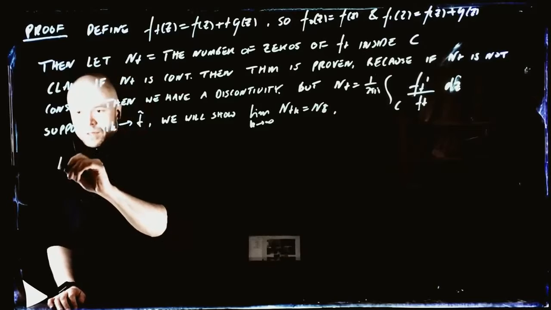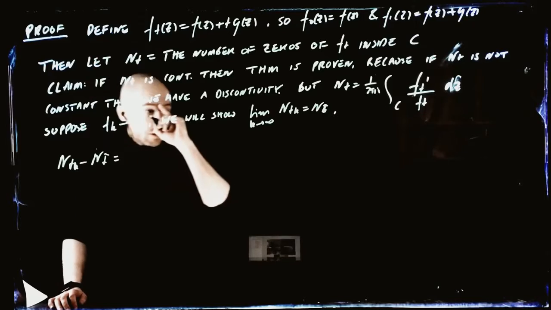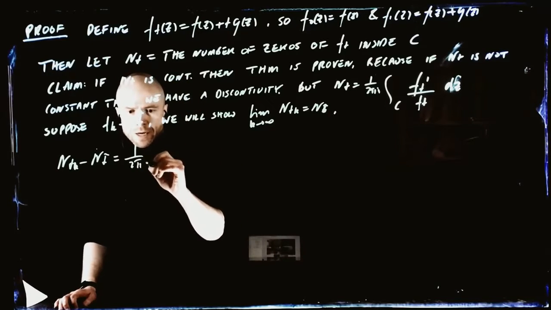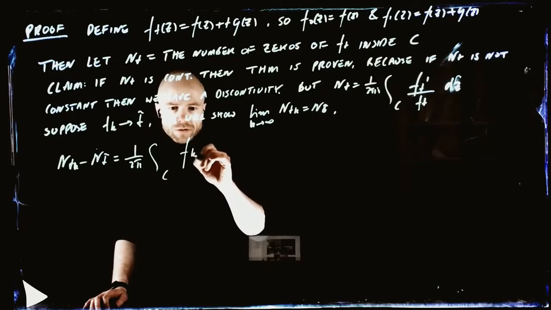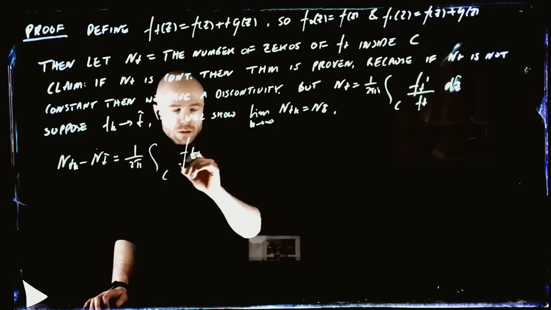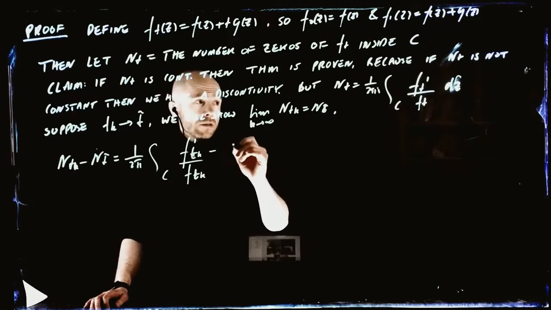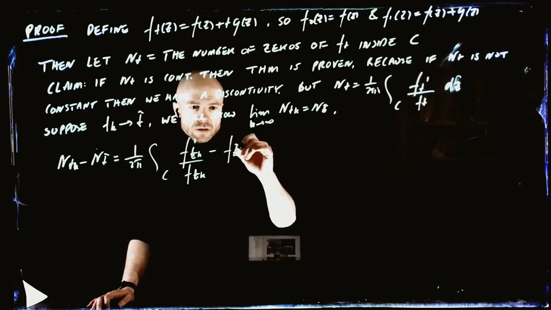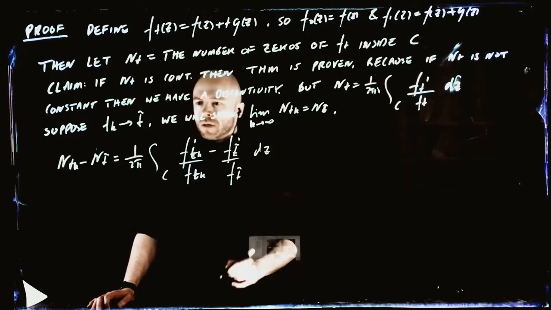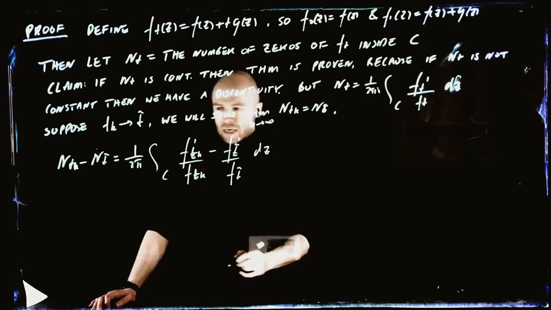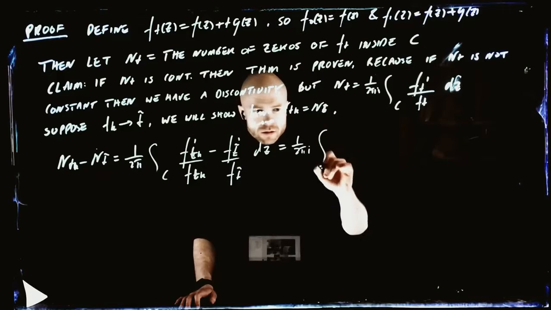So look at this. n of t_k minus n of t tilde, what is it? It is 1 over 2 pi i, the integral over C of f_{t_k} prime over f_{t_k} minus f_{t tilde} prime over f_{t tilde}, right? And we can clean that expression up by having a common denominator, like this.